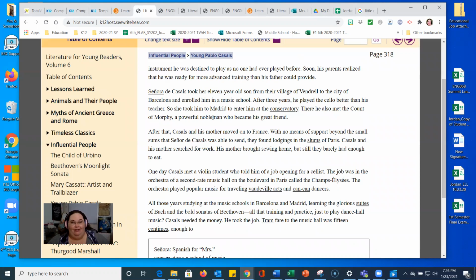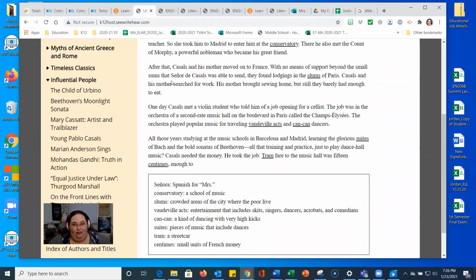So she took him to Madrid to enter him in a conservatory, and that's a school of music. There he also met the Count of Morphy, a powerful nobleman who became his great friend. After that, Casals and his mother moved on to France. With no means of support beyond the small sums the Senor de Casals was able to send, they found lodgings in the slums of Paris, and slums would be crowded areas of the city where the poor lived.